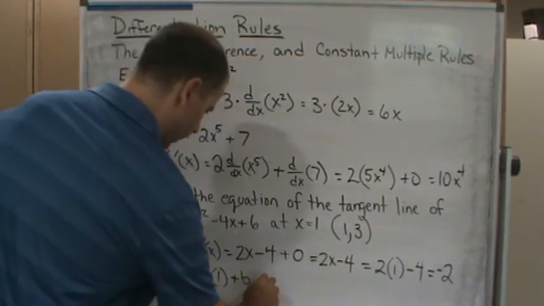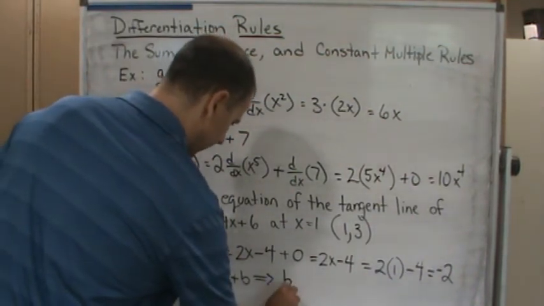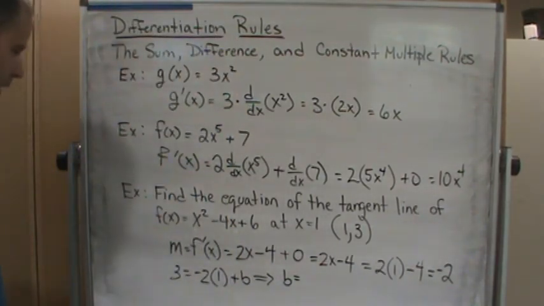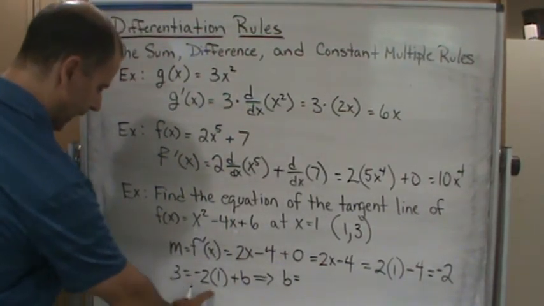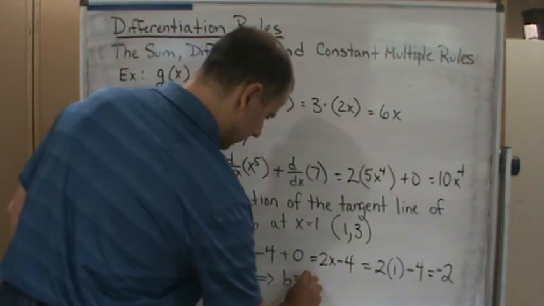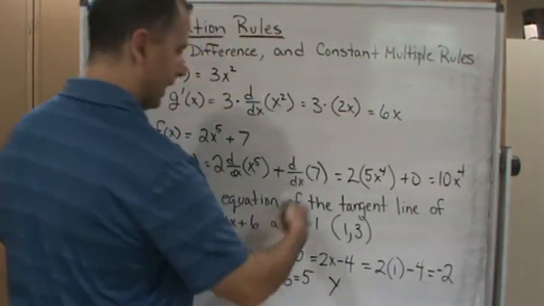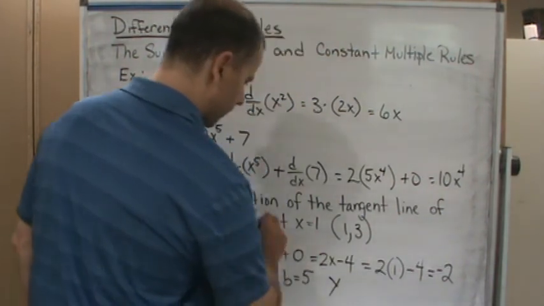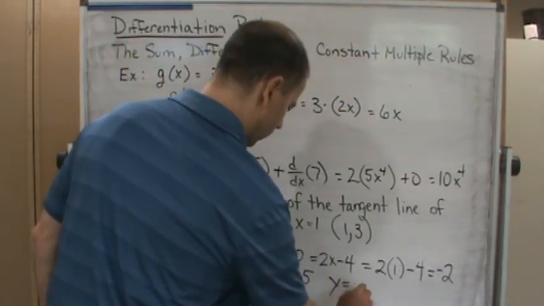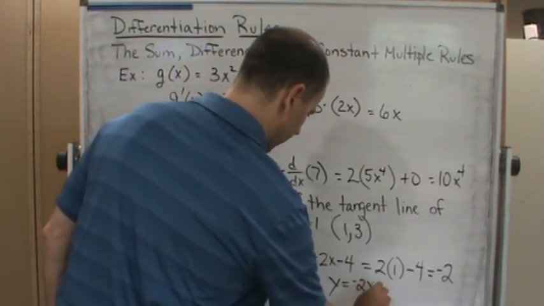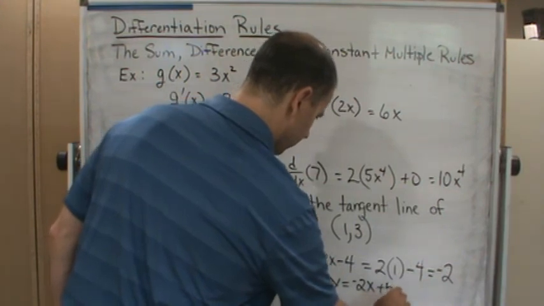And so what do we get? We end up getting b is equal to what? Well, it's going to be negative 2, so we're going to add 2 to both sides, so we get b equals 5. And our equation of the tangent line at x equals 1 for this function is y equals negative 2x plus 5.